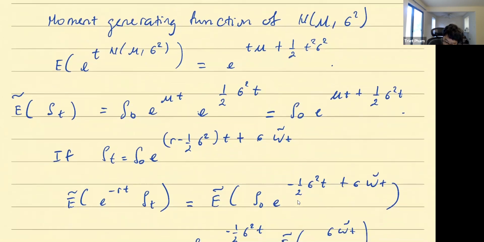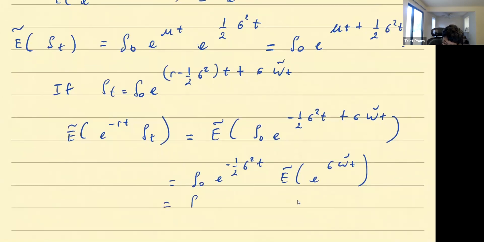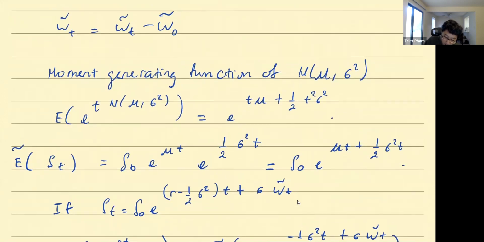So in other words, it's going to be, which is exactly S0. So this calculation is very routine, very easy, but you must know and you must use the moment generating function formula for the normal. That's what I want to point out. Any question on this?